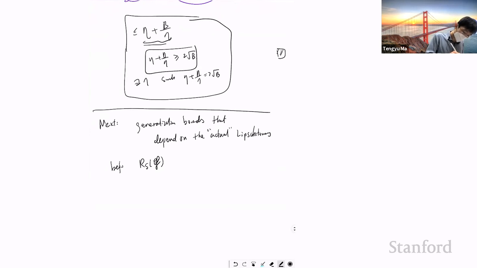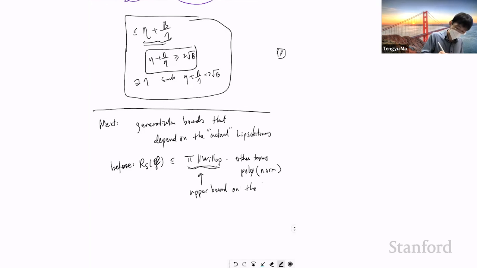Before we have this bound where you have essentially a dominant term times other terms, which is just polynomial in the norm, which is not very important. And this is only an upper bound on the Lipschitzness.